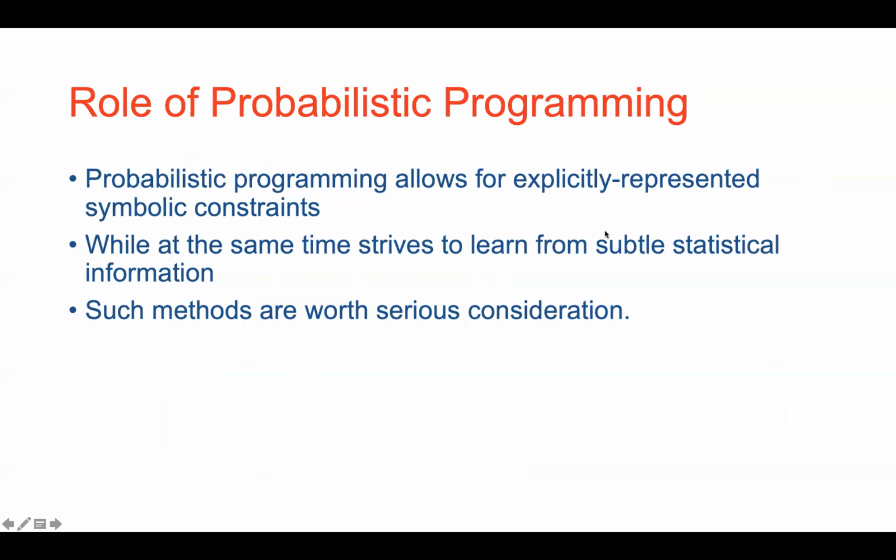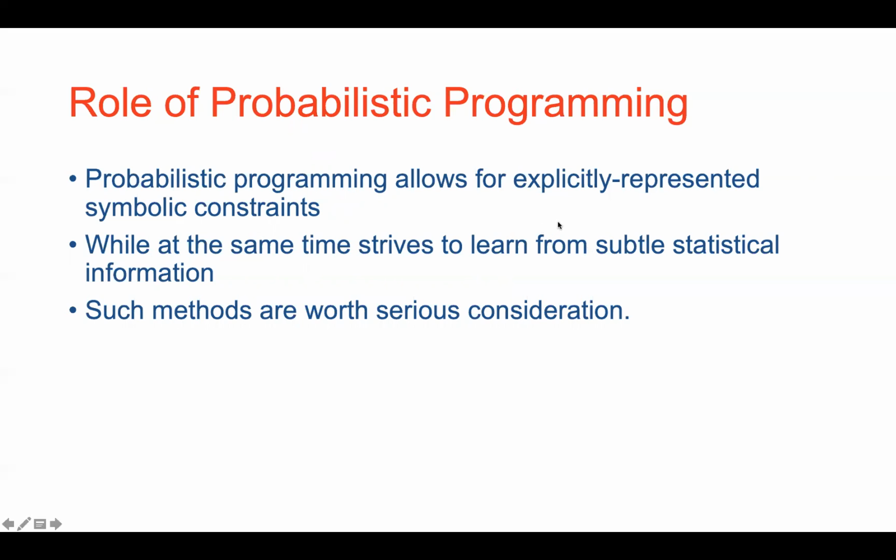So then a question is addressed here: what kind of methods are needed to represent all these kinds of causality and generalization? Well, the role of probabilistic programming, which we have reserved for some of the future lectures on probabilistic graphical models. Probabilistic programming allows for explicitly represented symbolic constraints, while at the same time striving to learn from subtle statistical information. Right?